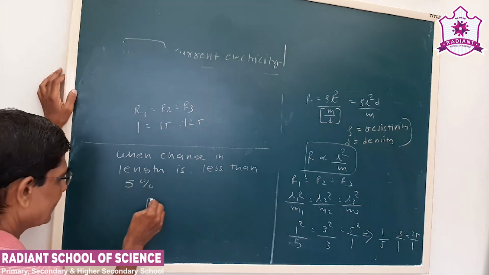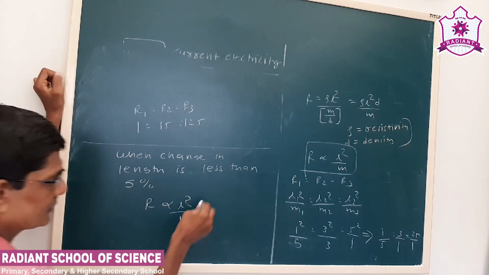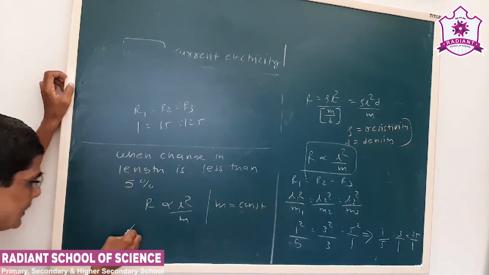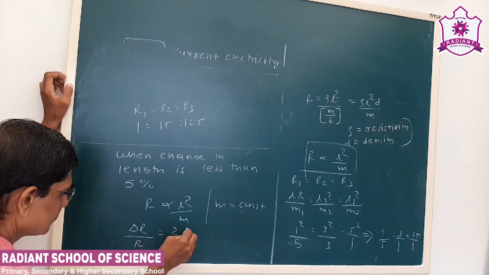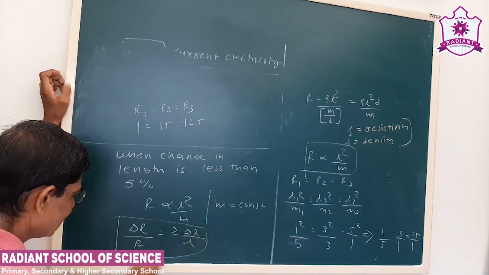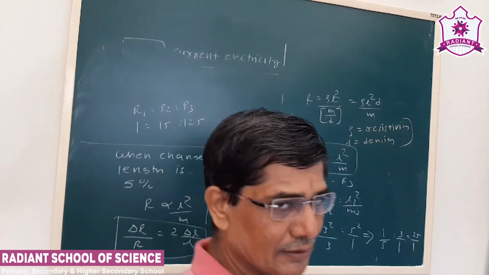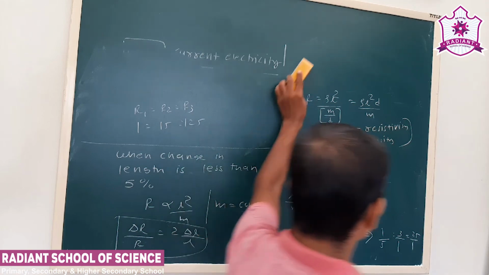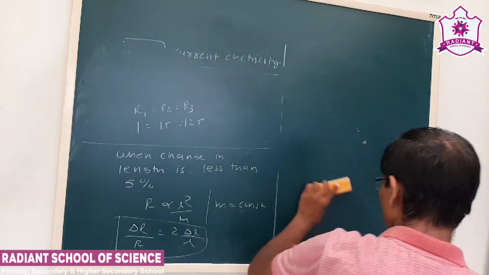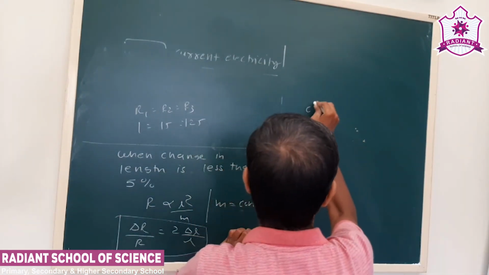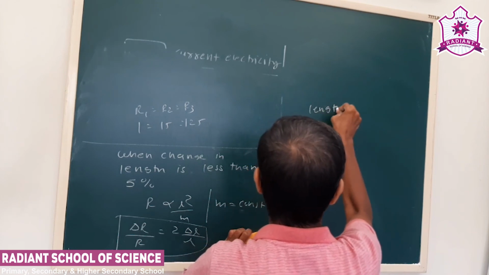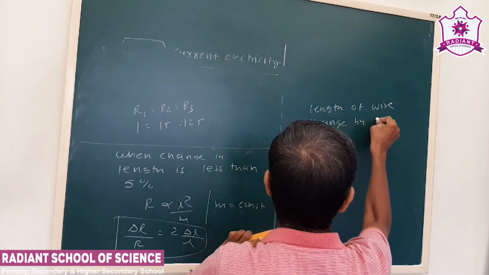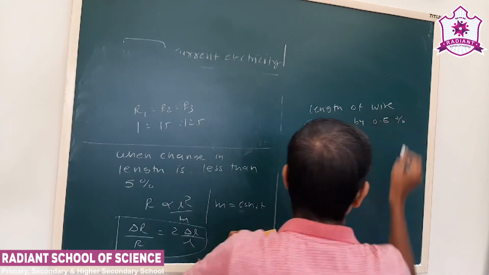Okay, now R, let us say mass is constant, then delta R by R. Okay, this is the formula which we studied in the second lesson in the 11th standard, that is in the dimensional analysis. So suppose here the change in the resistance is given, the length of the wire changes by .6%.